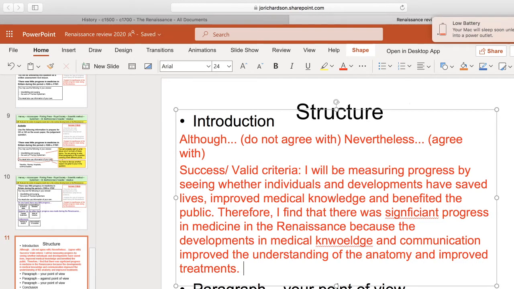Okay, I might say something like that, but that's obviously however you want to sort of argue that. So that would be, for me, a good intro.